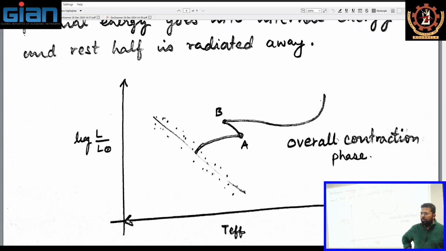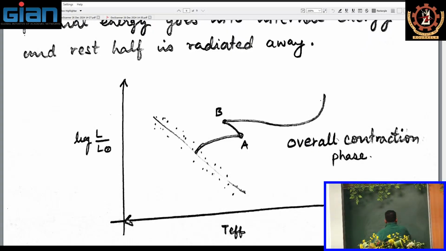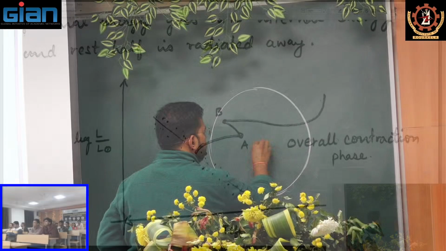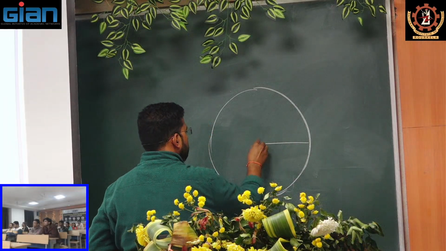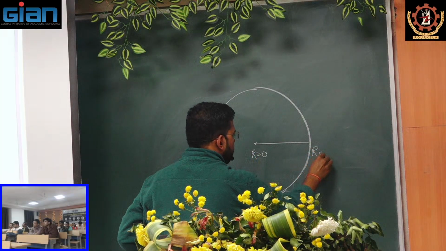Because remember, we have this spherically symmetric gaseous object. This is the center, r equal to 0, and we have r surface.